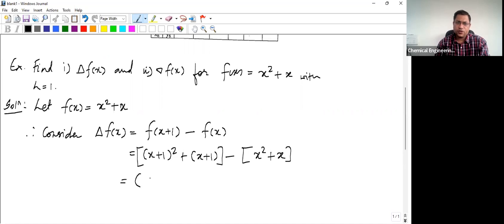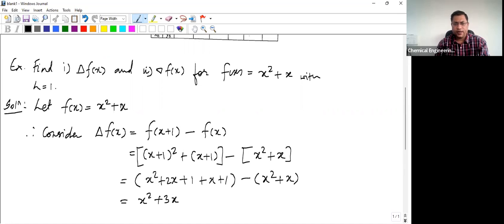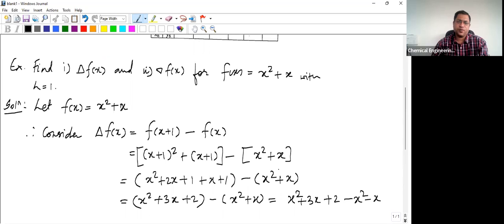Let us simplify this. We'll have x square plus 2x plus 1 plus x plus 1 minus x square plus x. If we simplify, x square plus 3x plus 2 minus x square minus x.